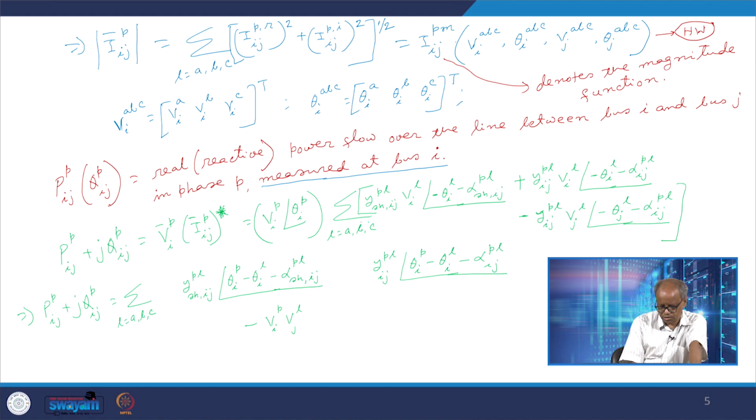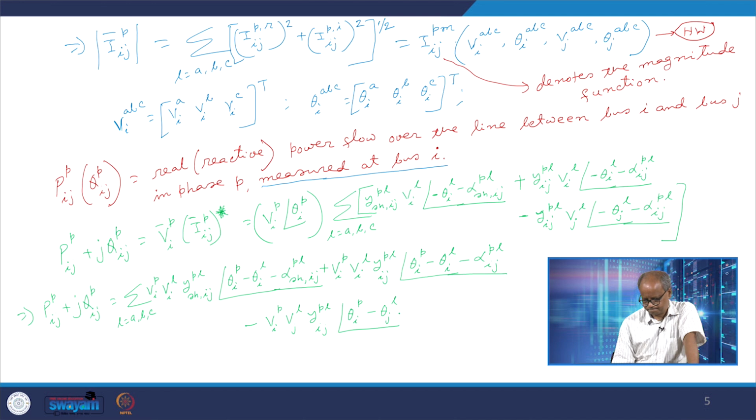So it would be V_ip V_il, and it would be V_ip V_jl Y_ijpl, then angle theta_ip. So this is the case.